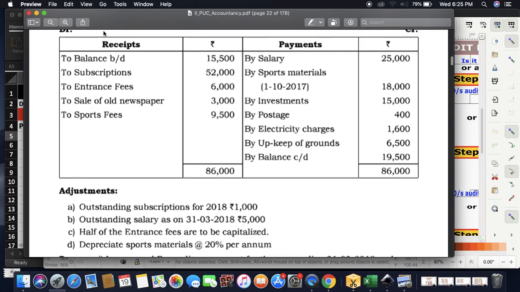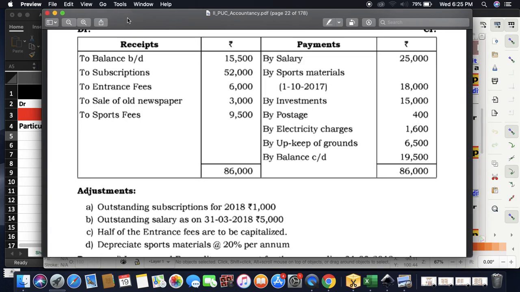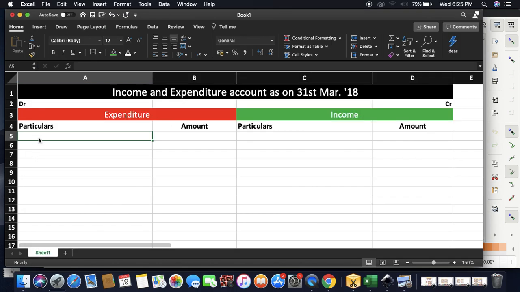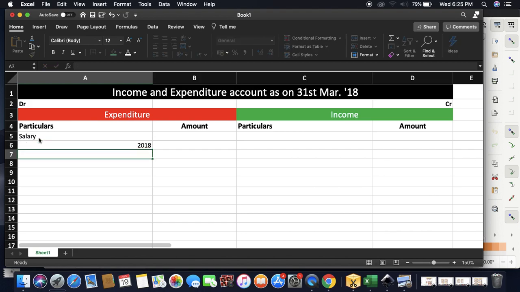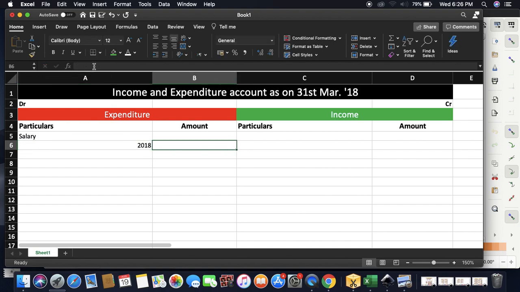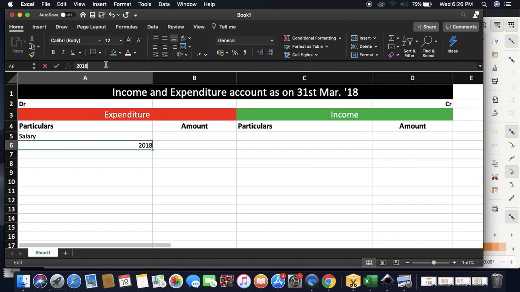Let's do that simultaneously so everything gets cemented. So I write salary 2018, and that is 25,000. You can write it in the inner column.